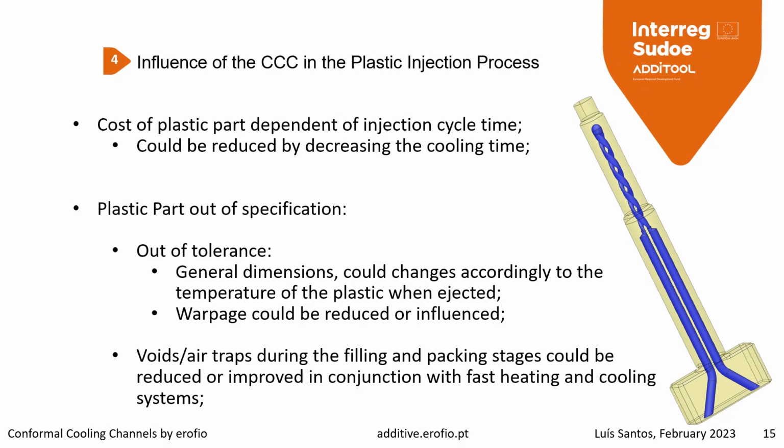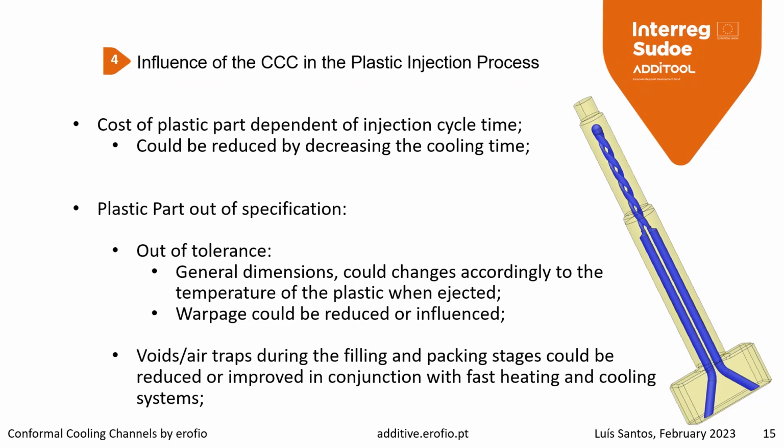For example, out of tolerance: general dimensions can change according to the temperature of the plastic when ejected. If the plastic is ejected too warm or too cold, it will even move, warp, and distort after the ejection.